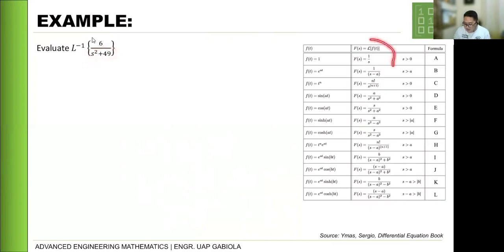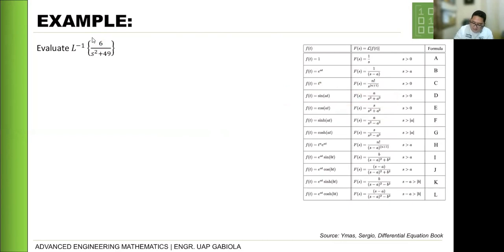And if we check itong second column natin again, we can see that meron tayong mga denominator pertaining sa s squared plus a squared. So ano yung denominator na yun? We can choose between sine and cosine. But our numerator is actually a constant number. So si cosine is meron siyang dapat variable na s, and then si sine is dapat a constant number a. So definitely ang much useful sa atin is si sine.